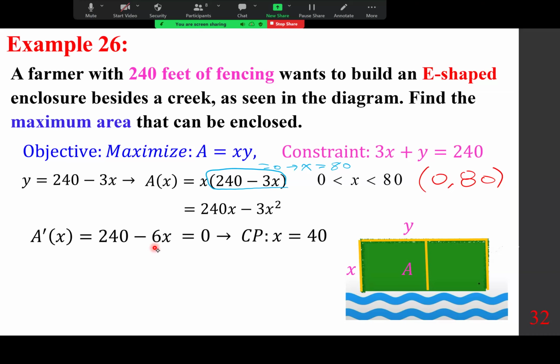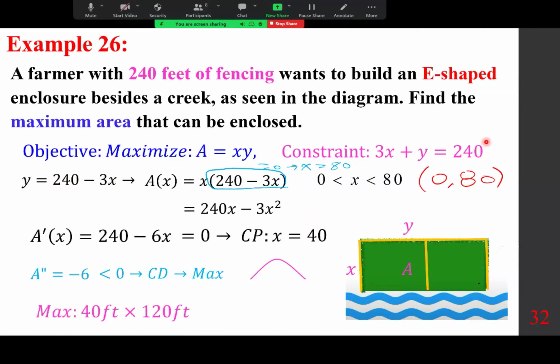We get negative 6. Because it's independent of x, regardless of what x is, this is always negative. It makes it always concave down, and therefore the maximum occurs at x equals 40. You put that into either equation, y becomes 120.